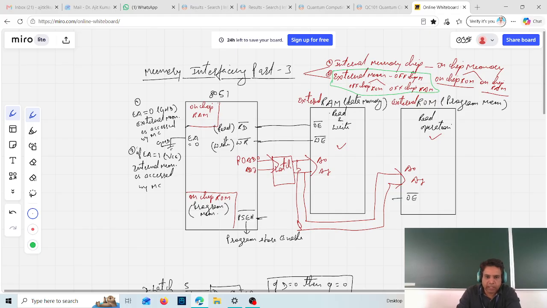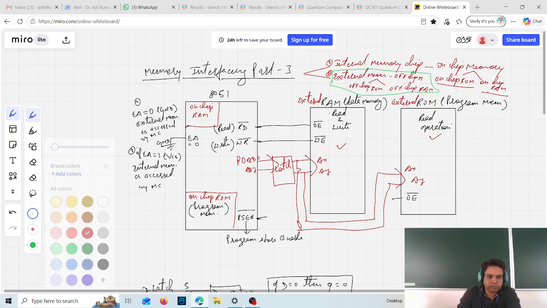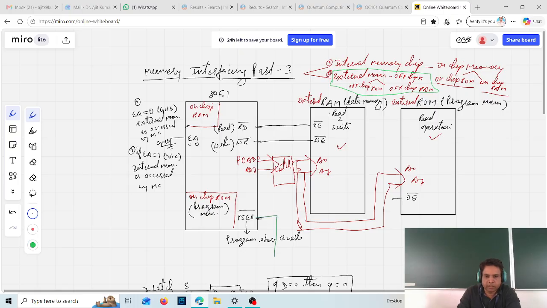And this PSEN pin is of course there and connected with output enable. It is important, so you have to label this also.